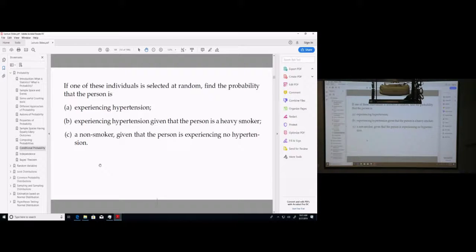Part B is has hypertension, given that the person is a heavy smoker. And the person is a non-smoker, given that the person is experiencing no hypertension. So we'll just work out the probability.